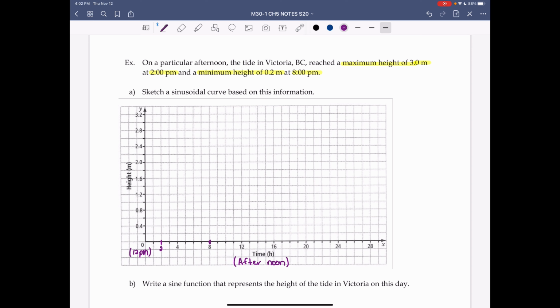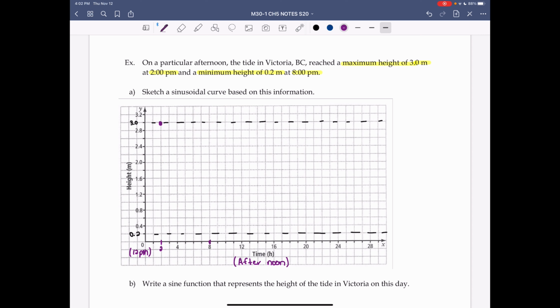Our maximum height is 3.0 meters. Let's draw a line at our maximum, which would be here, 3.0. Our minimum is 0.2 meters, which is here. We have a maximum at 2 p.m., so at 2 on the x-axis, go up to our max line and put a point.